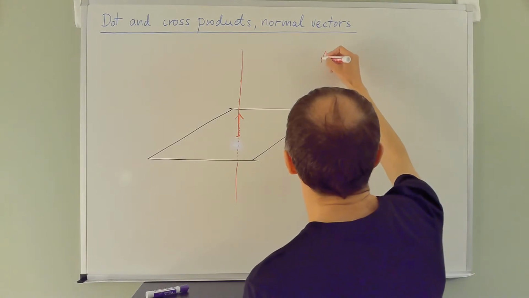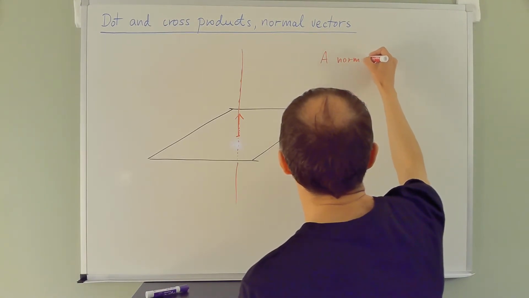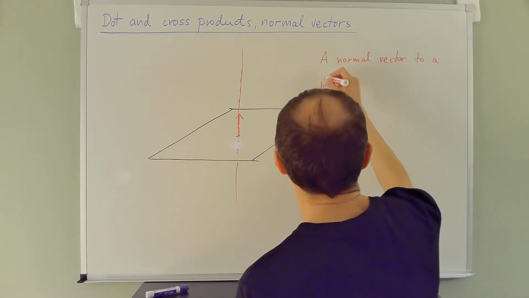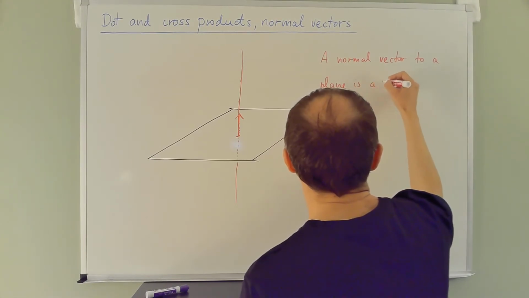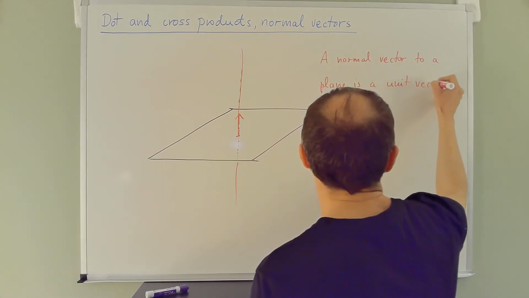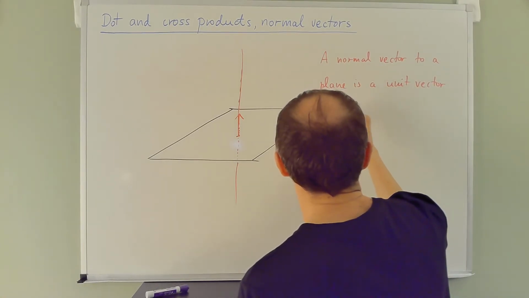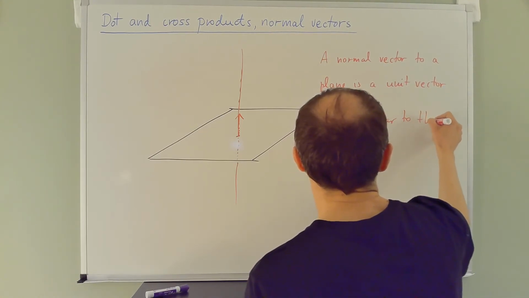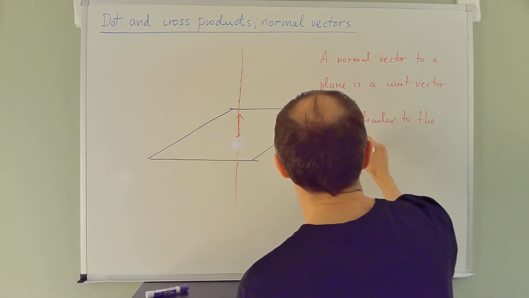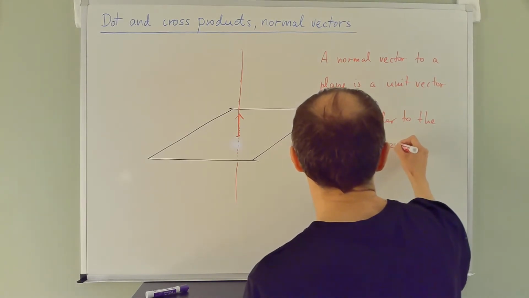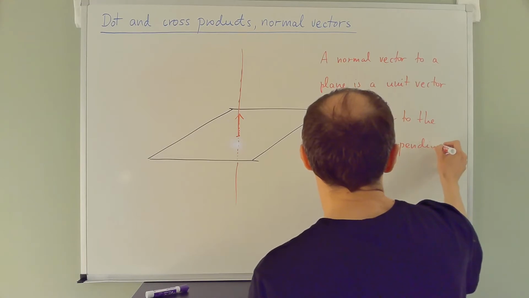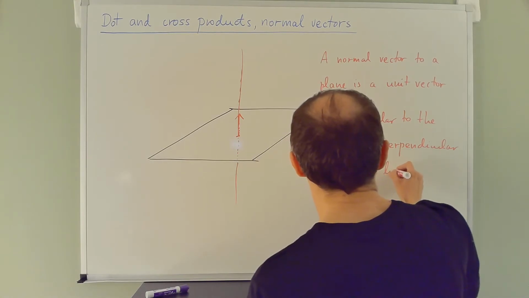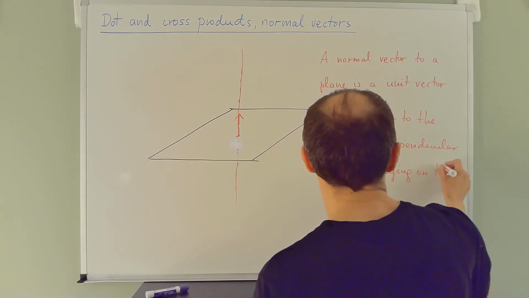So a normal vector to a plane is a unit vector perpendicular to the plane, i.e. perpendicular to any line lying on the plane.